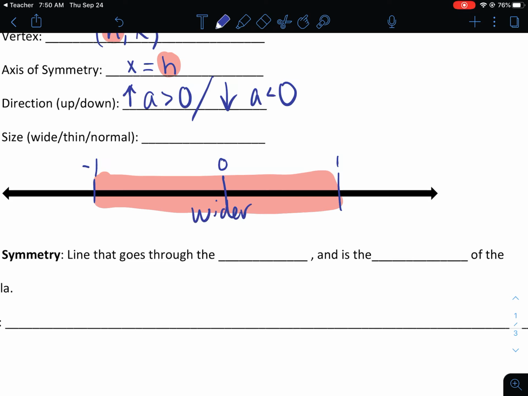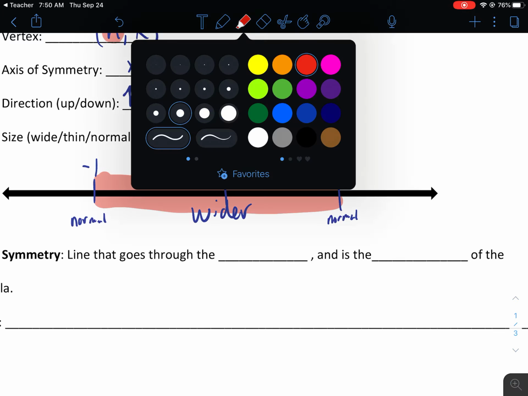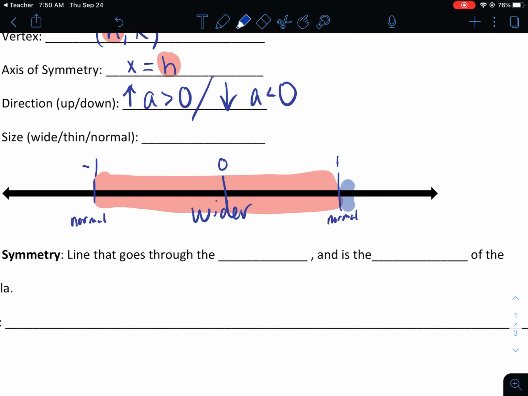At 1 it'll be normal, and at -1 it'll be normal sized. And if it is greater than 1 or -1, then this would be thinner.